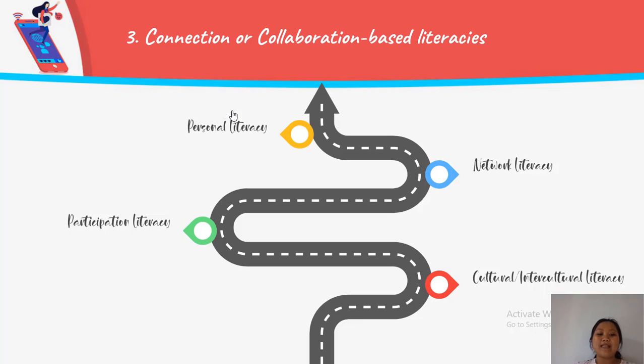And the third is connection or collaboration-based literacy. There are 4 parts of this based literacies. The first is personal literacy, the second is network literacy, the third is participation literacy, and the last is cultural literacy.